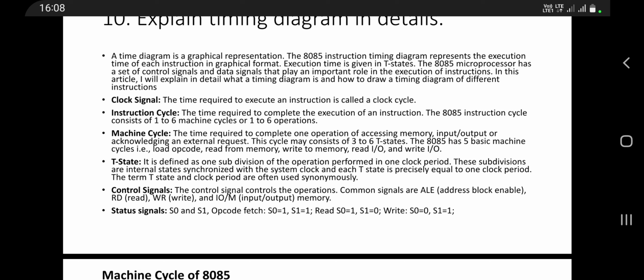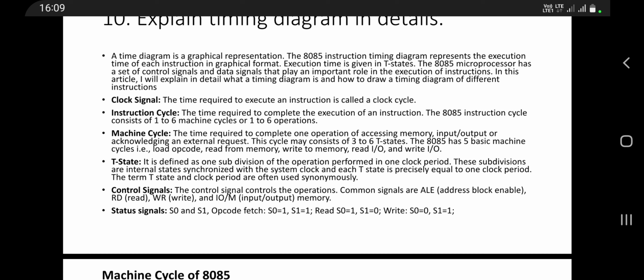For IOM, whether it's an IO operation or a memory operation, if it is a memory operation then the signal should be low. And whether it's memory read or memory write, either read or write should be low.